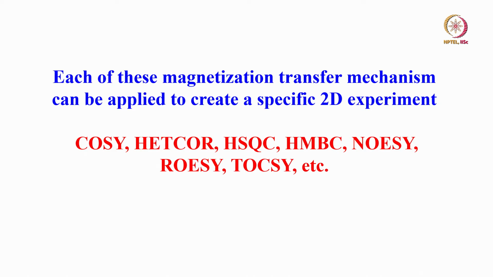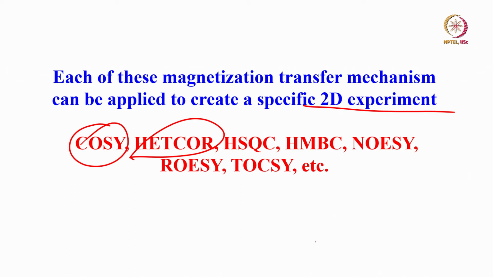And each of these magnetization transfer mechanisms can be applied to create a specific 2D experiment. Remember, if you know the magnetization transfer mechanism, I can create a specific 2D experiment. For example, COSY, correlation spectroscopy, where the magnetization transfer takes place to correlate two protons which are coupled among themselves, or two or more protons coupled among themselves. Heteronuclear correlation gives correlation of chemical shifts between two or more heteronuclei.